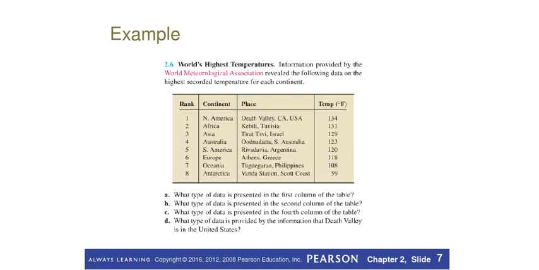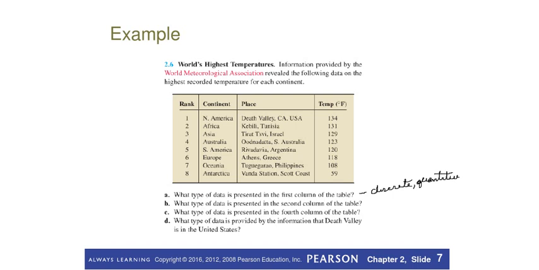Rank. What could we say about rank? Well, first of all, we can consider rank to be a discrete quantitative variable. I'm going to write this down right here. We have discrete and we would call it quantitative. Now, in this particular case, it falls into a special category of quantitative values, because that quantitative value is rank.